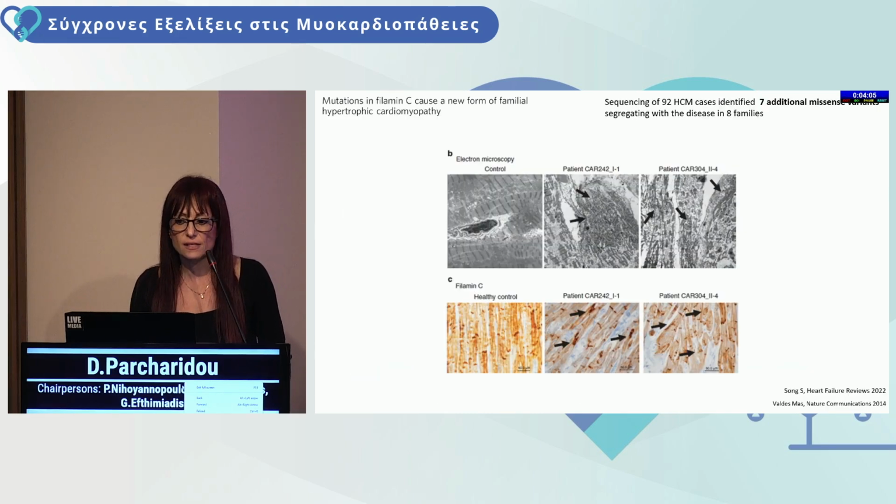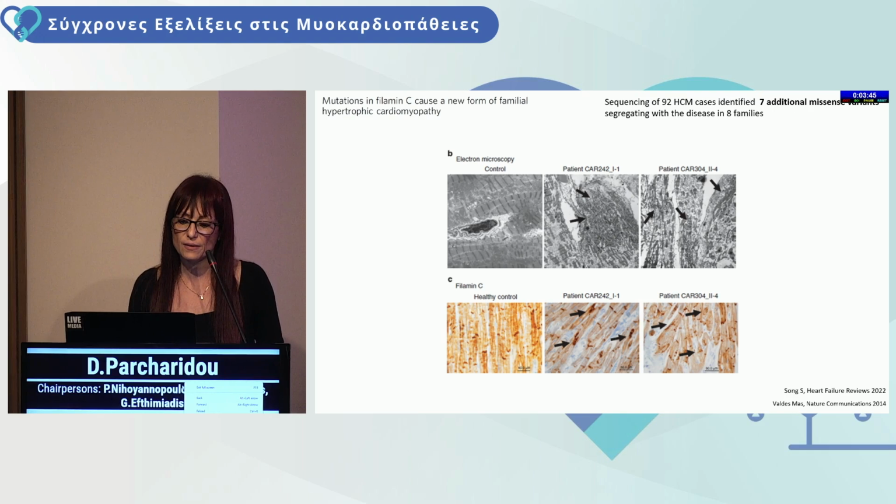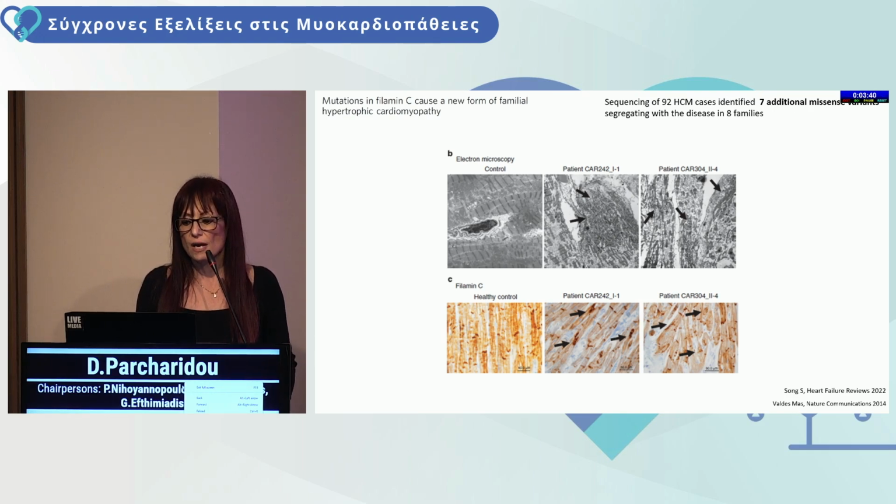And in this study, sequencing of 92 HCM cases identified 7 additional missense variants segregating with the disease in 8 families. You can see the heart samples from 2 patients that carry the mutation, and they had transplantation. You can see in the control first that the myofibers, the myofilaments of actin and myosin, are very well arranged, and they give a cross-striated appearance.